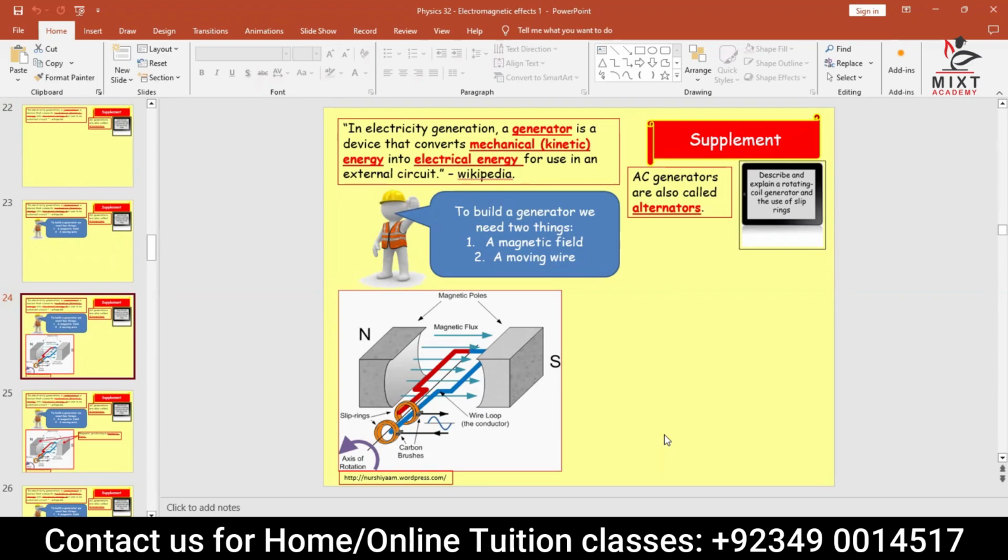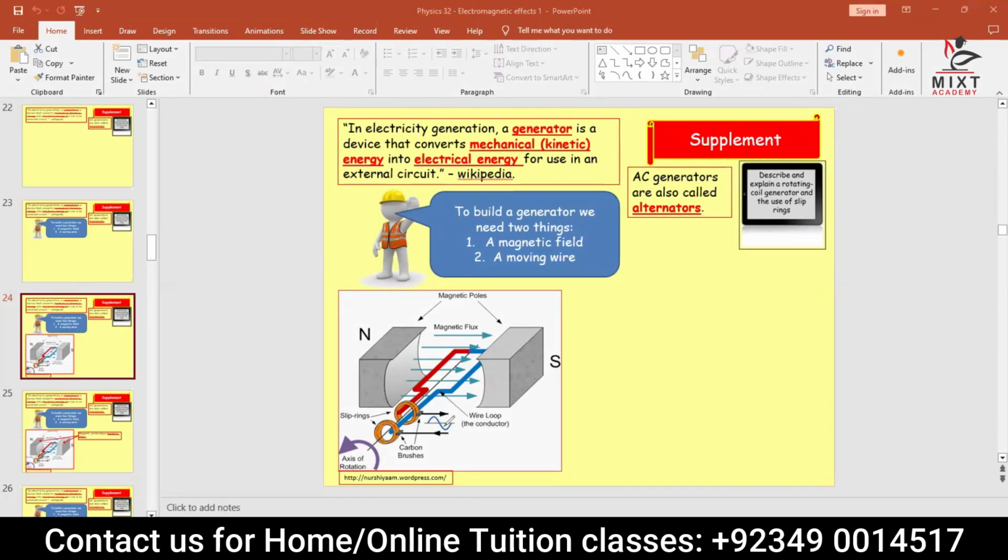Or you can give it your hand, or give it kinetic energy, and you will move this magnetic armature like this. When you move it, the rate of change of magnetic field produces an electric energy or electricity at this point, which is an AC.